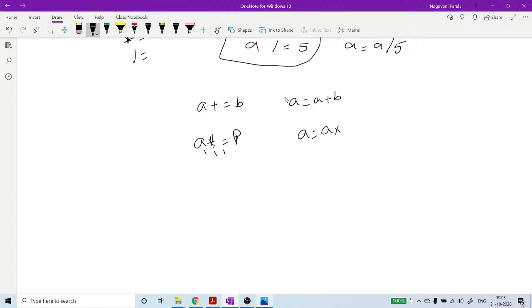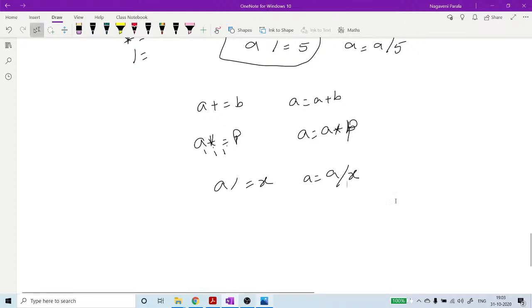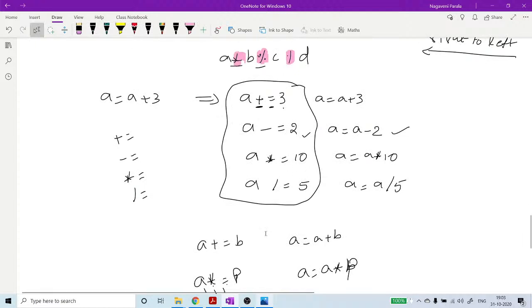Its meaning is that if a division equal to x, that means a equal to a divided by x. Its meaning is that. And we'll write a short program on this one using these shortcut notations, and then we will wind up the session.